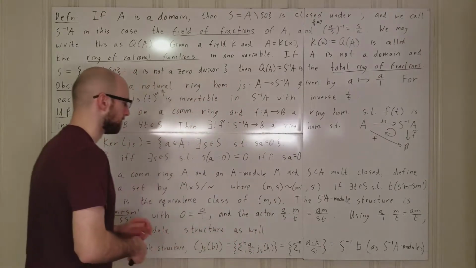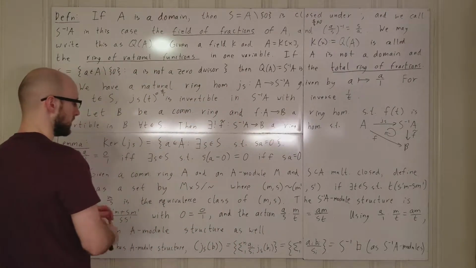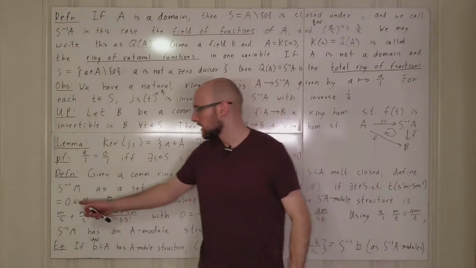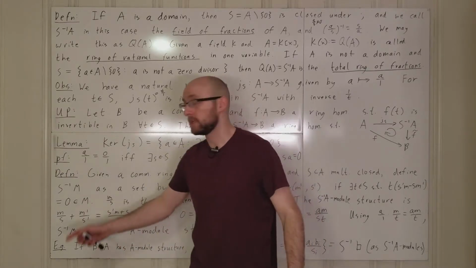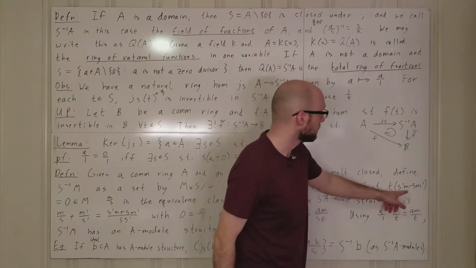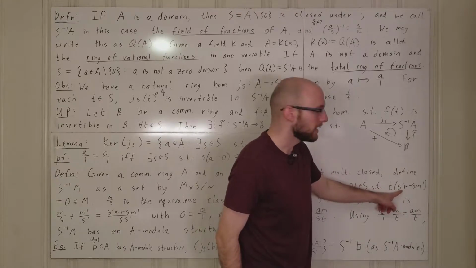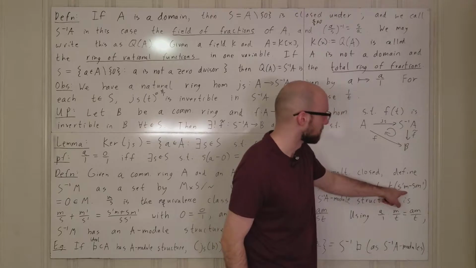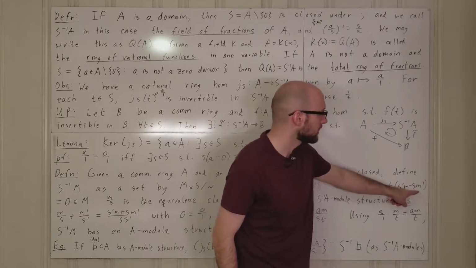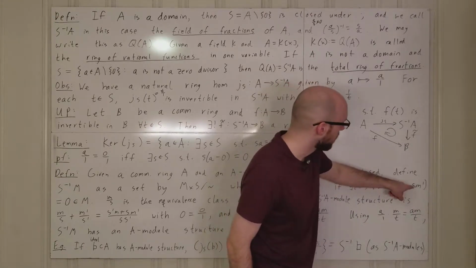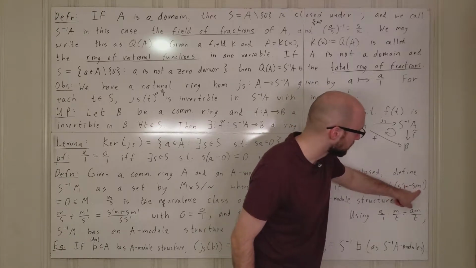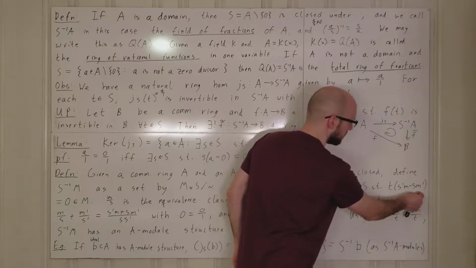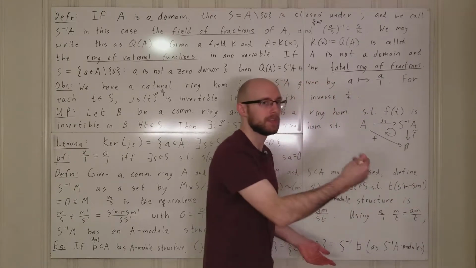Because when you look at this equivalence relation, T and S is such that T times this equals 0. This is the 0 element of M. So where is this happening? S prime times M: S prime is in the ring and M is in the module, so this is the ring acting on the module. Here again, S is in the ring, M prime is in the module, so this is the ring acting on the module. This subtraction here, we have two elements of the module, so this subtraction takes place in the module.